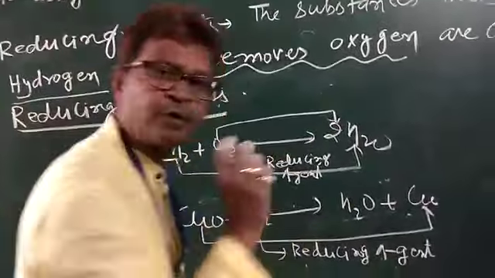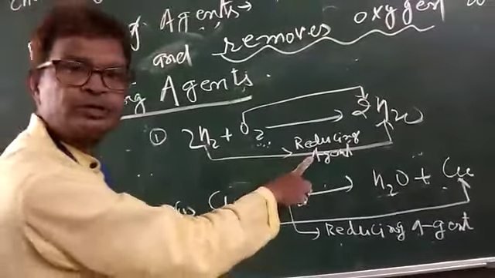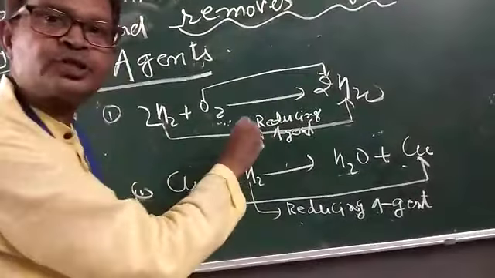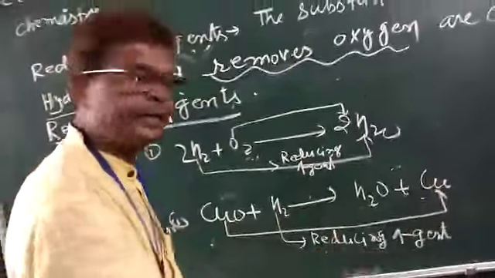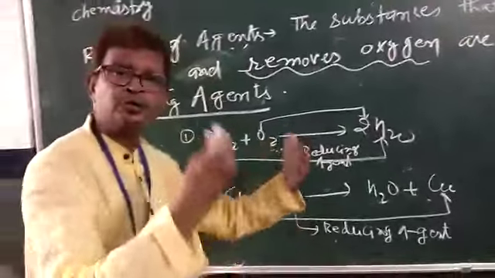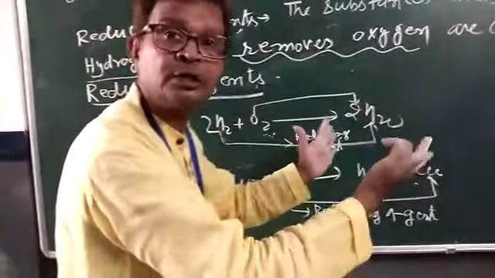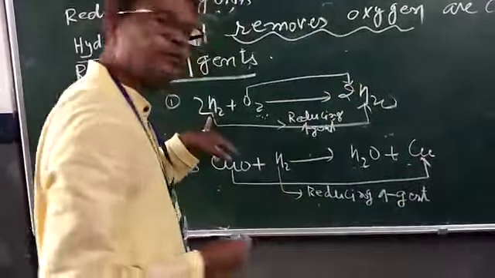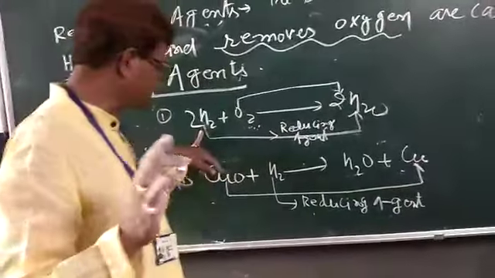How can you get water? When H2 is added to oxygen, you get water. So H2 will be the reducing agent. The substance which adds hydrogen, in the first reaction, hydrogen itself adds to the oxygen to get water. So hydrogen will be the reducing agent.